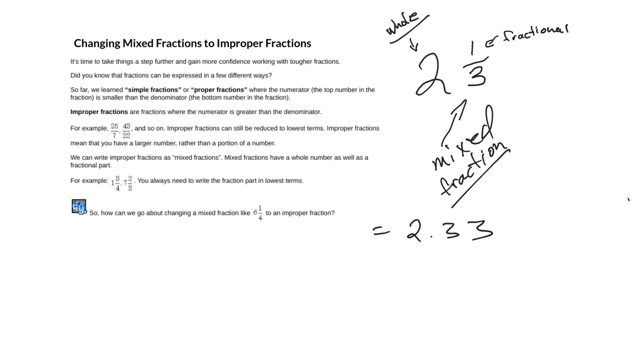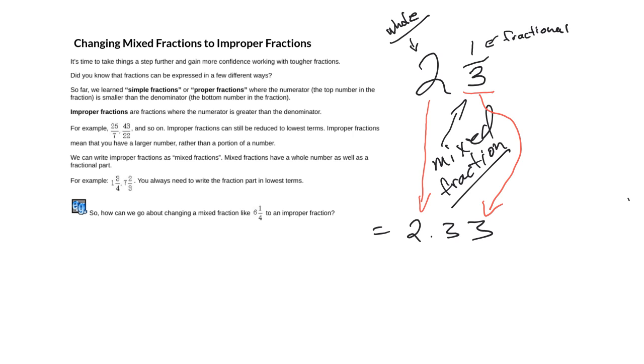Okay, 2.33 means that, if you think about it, this part of our number is the ones section of our number, whereas the 1/3 represents the 0.33 of our number.